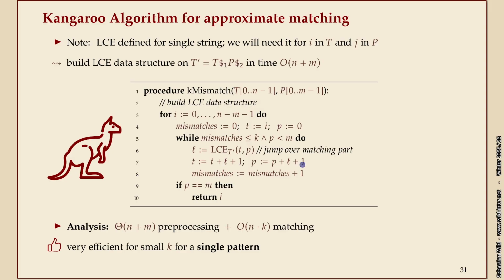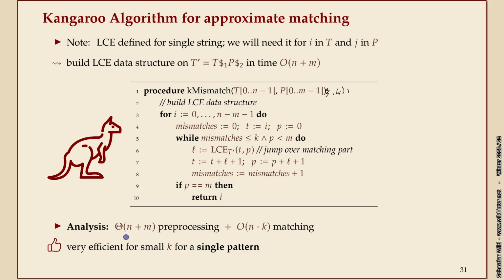And I'm already adding here +1 because I don't have to check the next character. It has to be a mismatch by definition. So I can directly jump over this and count it. And so again, if I run out of budget for the mismatches, then it would probably be useful to have k as a parameter here. If I run out of mismatch budget before I'm done with the pattern, then that's not a match and I have to continue. Otherwise, I can return this.